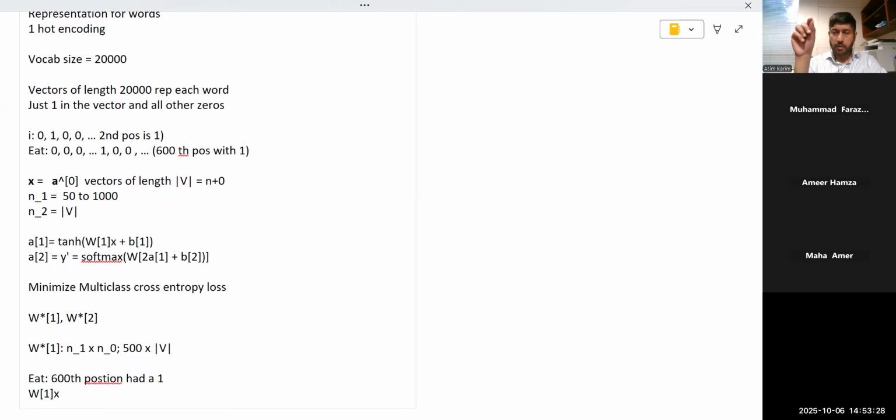If you multiply W with this vector x, what would happen? The 600th column of the matrix will be returned entirely, right? The 600th column of this matrix W.